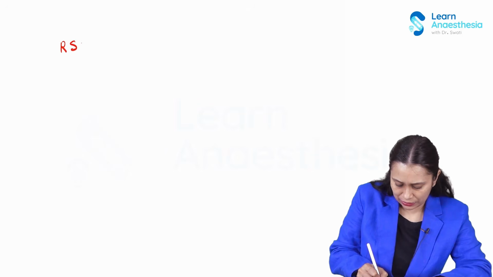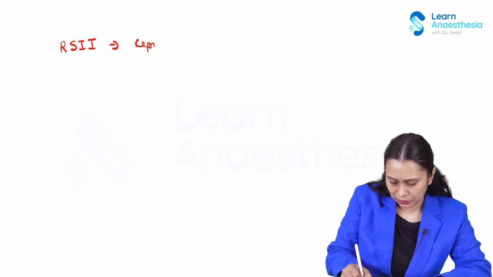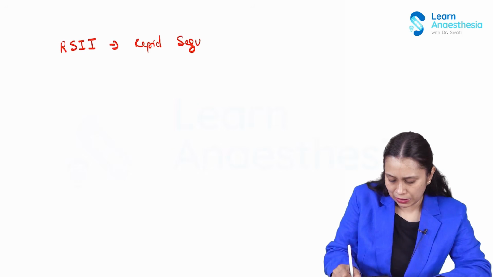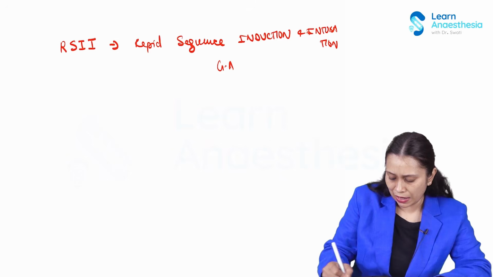So, as I said, rapid sequence induction intubation is done when we need to give general anesthesia to a patient who is at risk of aspiration.